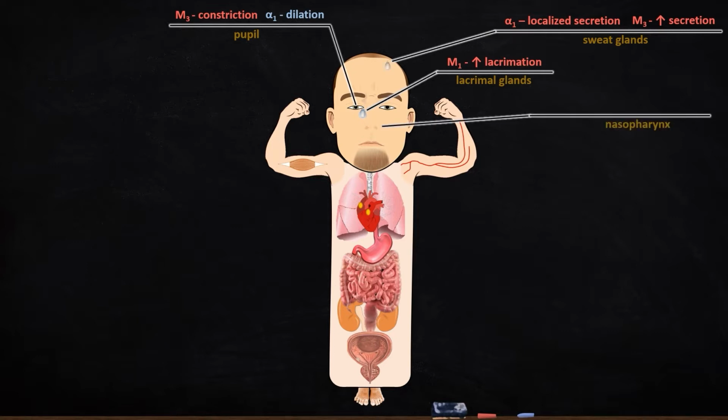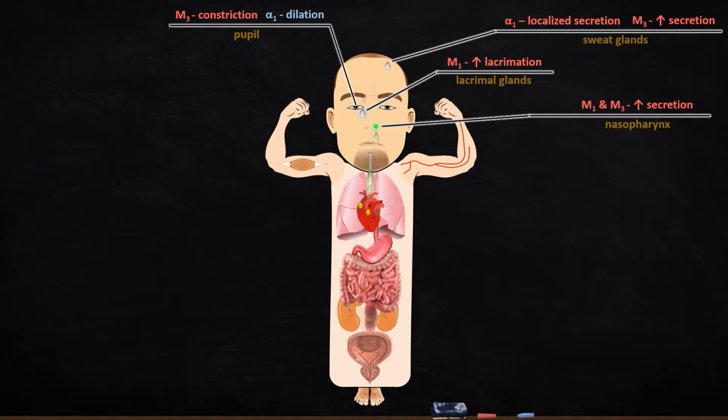The next region of the body that we're going to talk about is the nasopharynx. The nasopharynx is essentially where the nasal cavities are, and then it goes all the way down to where the throat begins. The nasopharynx is controlled primarily by the parasympathetic nervous system. That would be muscarinic receptors M1 and M3, and they promote secretion.